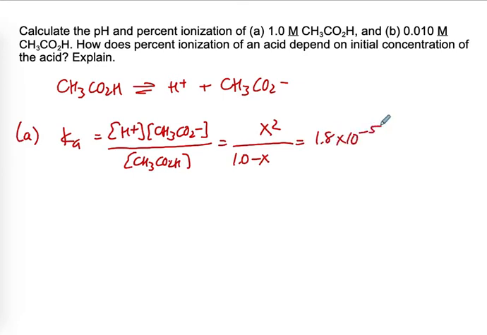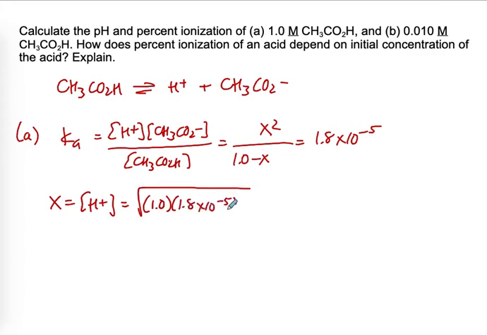I looked that up in the table of Ka values. X is equal to the hydrogen ion concentration, equals the square root of the initial concentration of the acid times Ka, for 0.0042 molar.